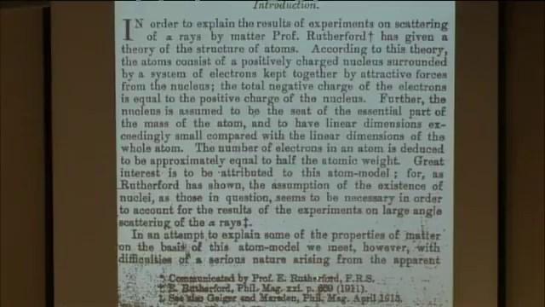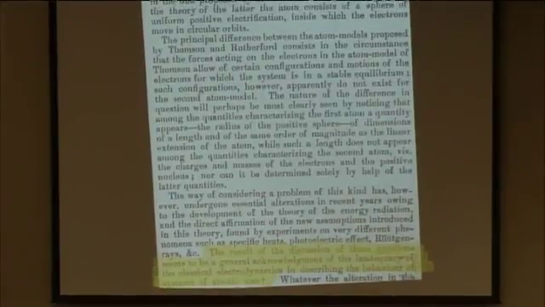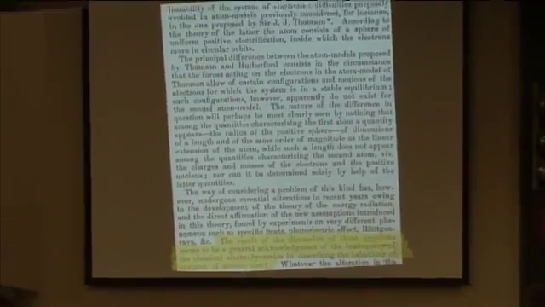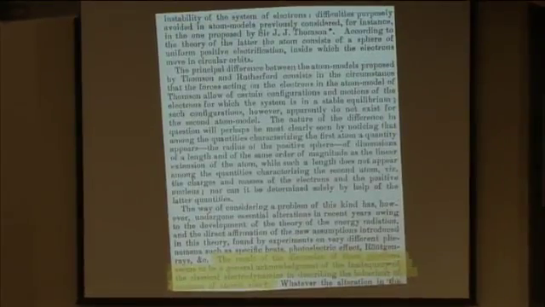In an attempt to explain some of the properties of matter on the basis of this atom model, we meet, however, with difficulties of a serious nature arising from the apparent instability of the system of electrons, difficulties purposely avoided in atom models previously considered, for instance, in the one proposed by Sir J.J. Thomson. Which is to say, it's curious.